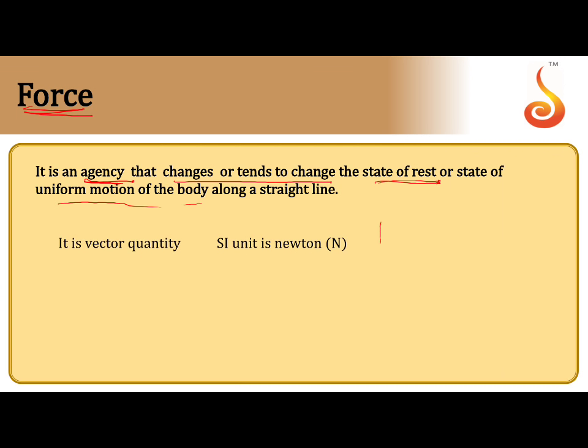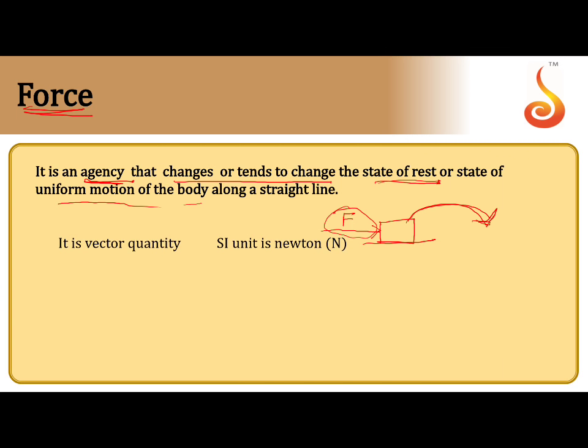Suppose there is a body which is at rest. In order to change its state from rest to motion or move it from one place to the other, we need to apply an external force. This agency, which causes a change in the rest state of the body, is called as force.